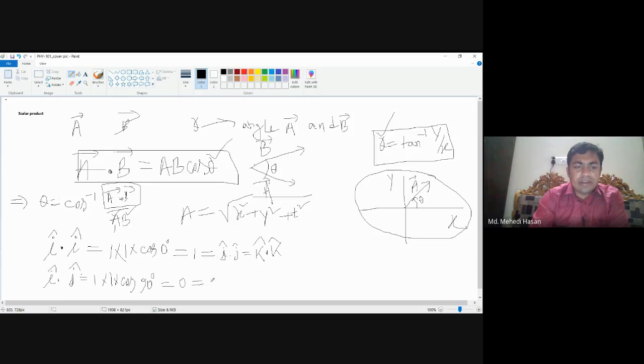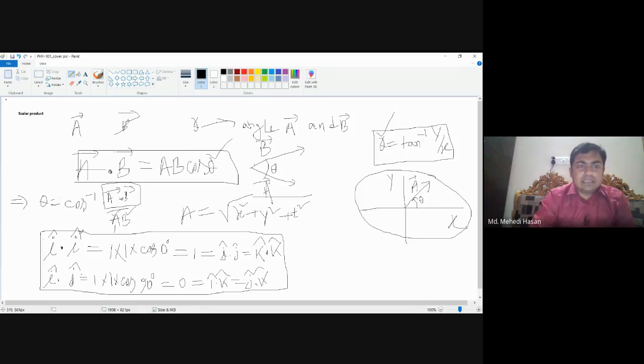For different unit vectors, I dot j, I dot k, or j dot k is equal to 0. So for similar unit vectors the dot product is 1, and for different unit vectors the dot product is 0.